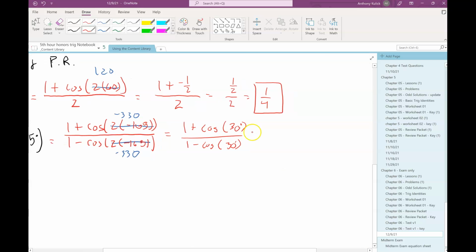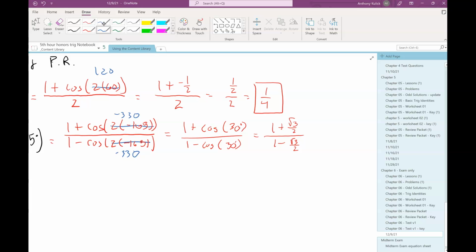And now I can go to my unit circle and pull the value for cosine of 30 degrees, which is root 3 over 2. Now, this is not the final answer we'd want to leave because we got fractions inside of fractions. We'd prefer to simplify it better than that.